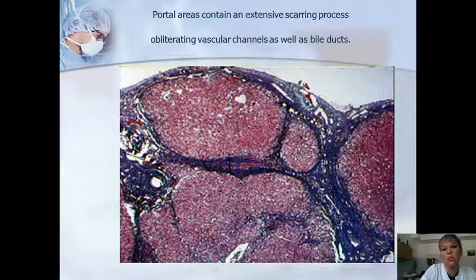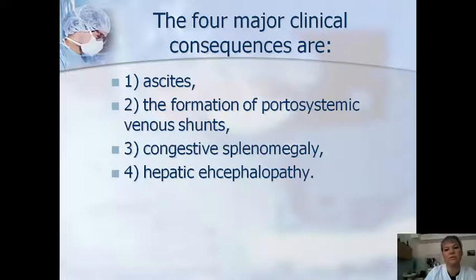Histologically, portal areas contain an extensive scarring process, growth of connective tissue, obliterating vascular canals as well as bile ducts, and destruction of liver function.